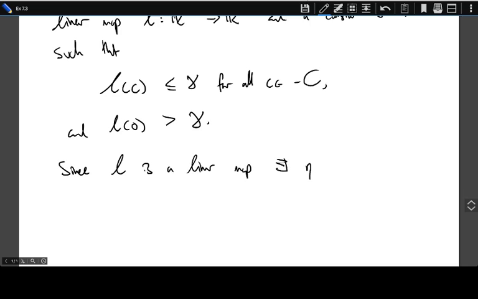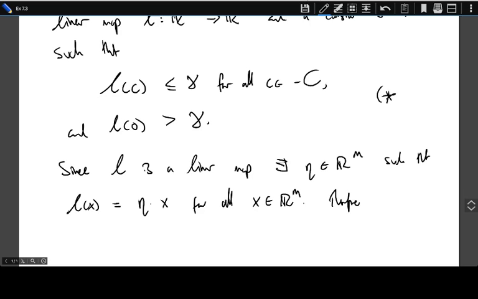Since L is a linear map, we can express it in terms of product with a vector, that is, there exists an eta in Rm, such that Lx equals eta product x for all x vectors in Rm.